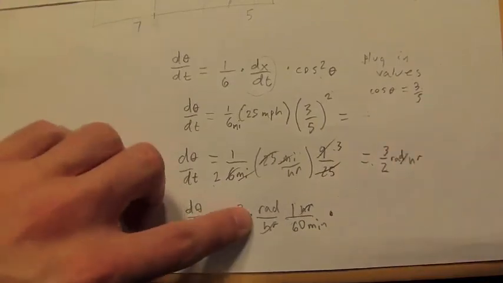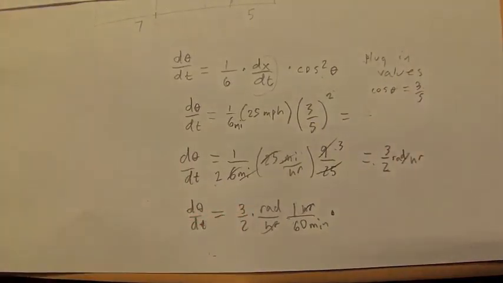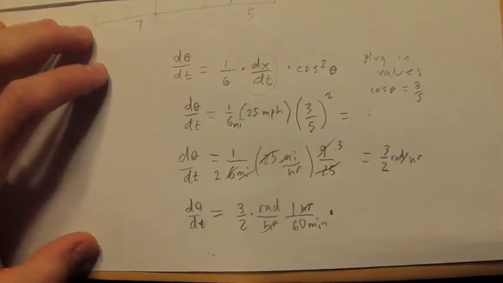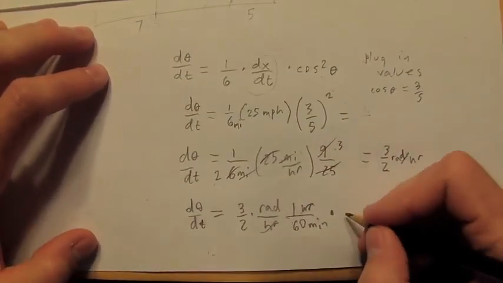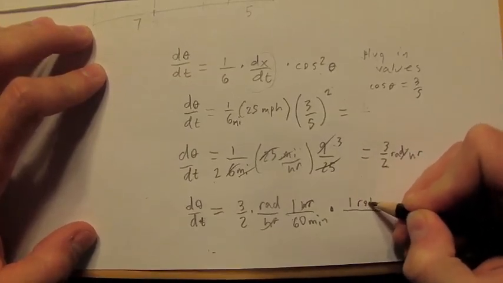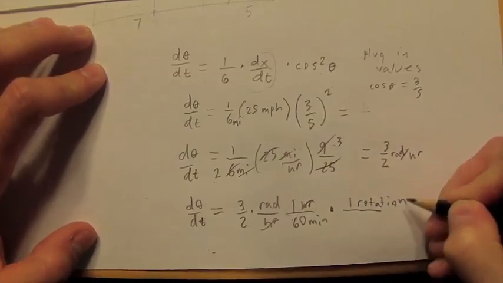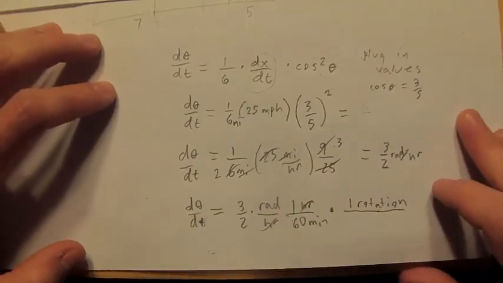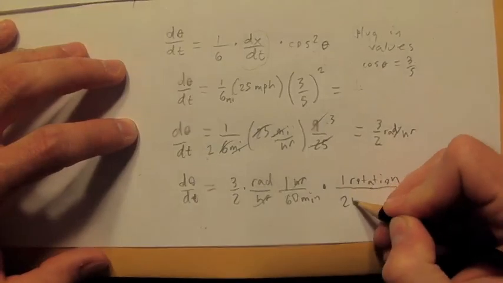But I want to cancel out radians and get rotations. And how does one go about doing that? Well, how many radians are in a single rotation? Okay, so I want one rotation up at the top. And how many radians are in a rotation? 2π.